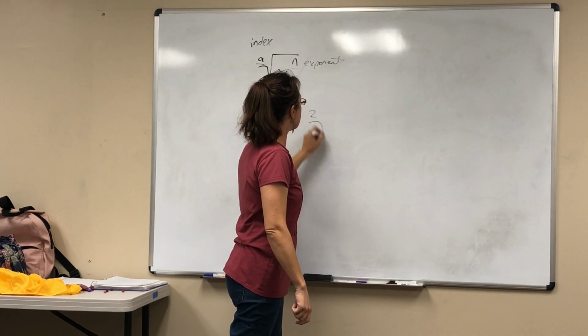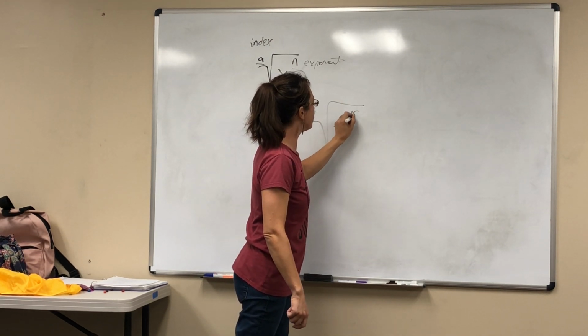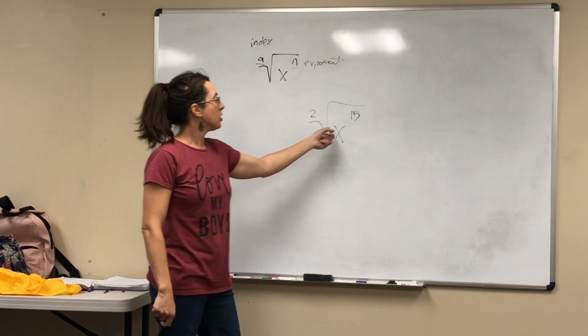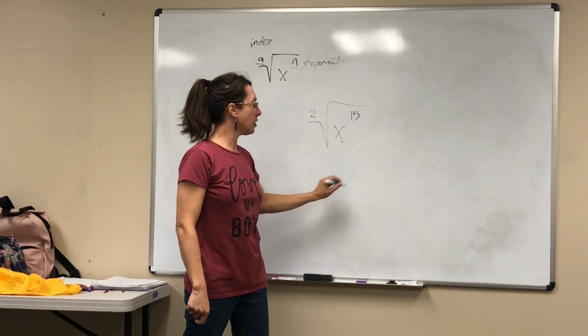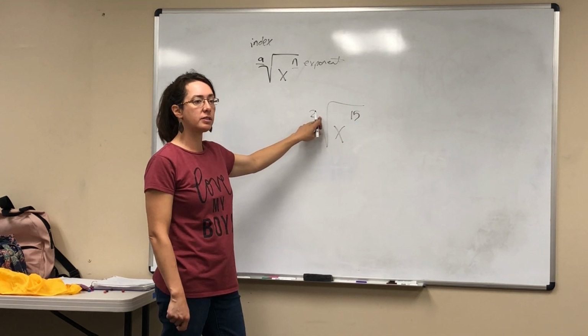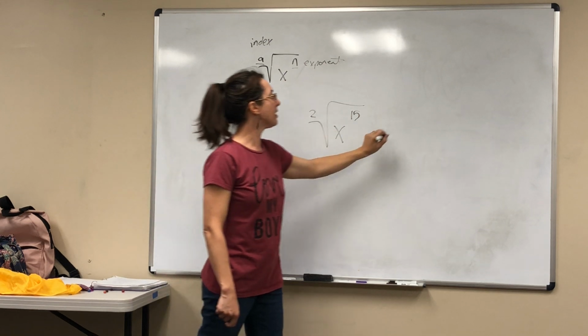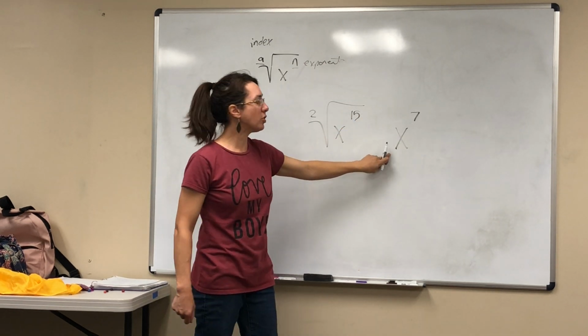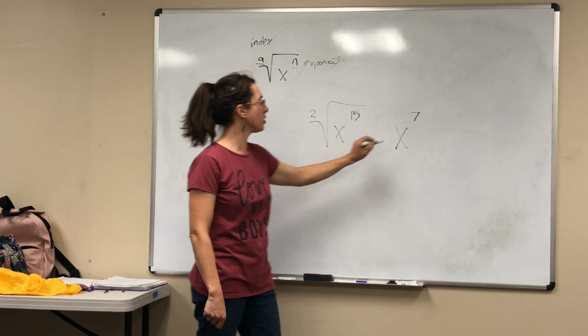So I have the square root of x to the 15th. Instead of dividing this all out and circling them, I can say 15 divided by 2 is 7. So I have 7 groups, and I'm going to pull out 7 groups.